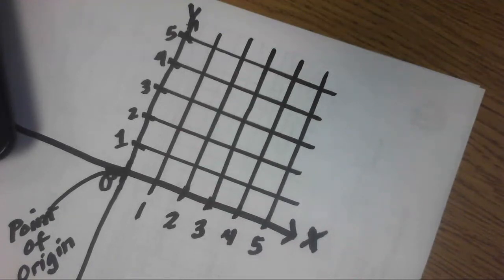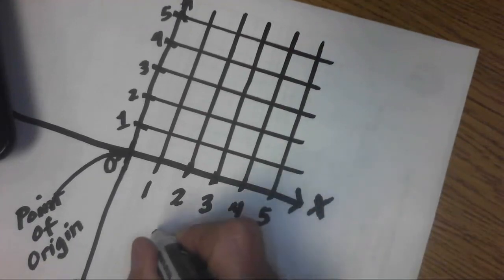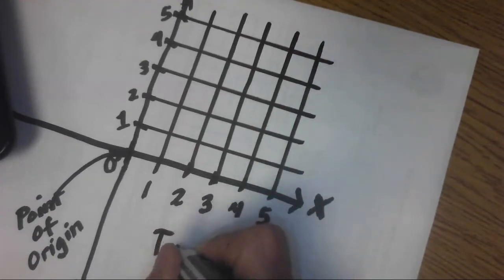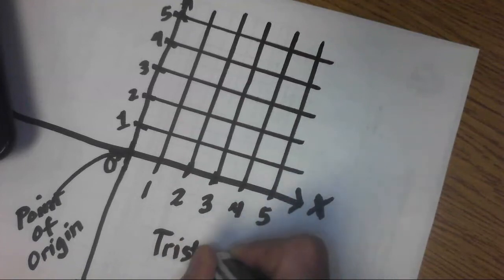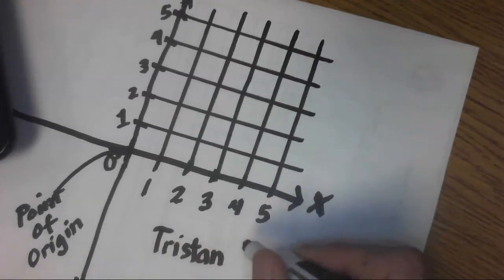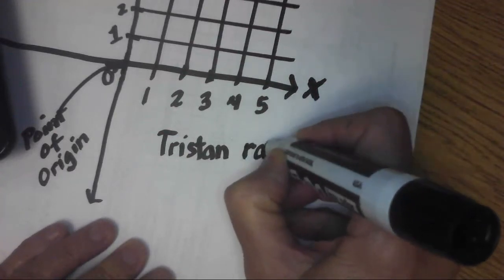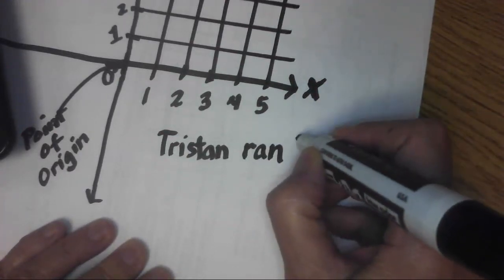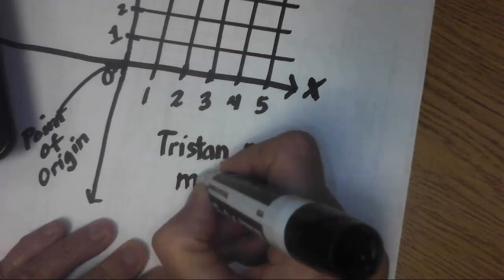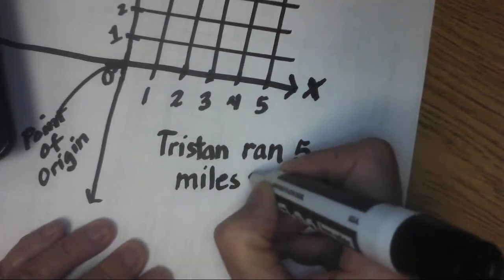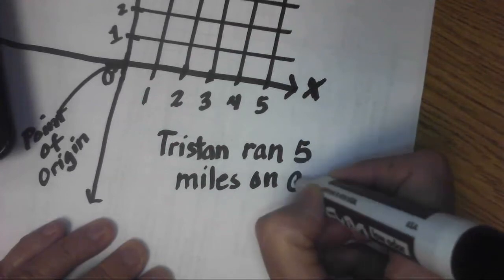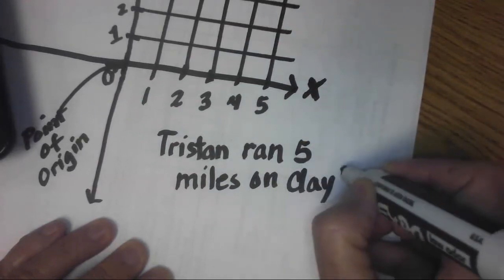Let's say we have a problem, and our problem says that Tristan ran 5 miles on day 2.